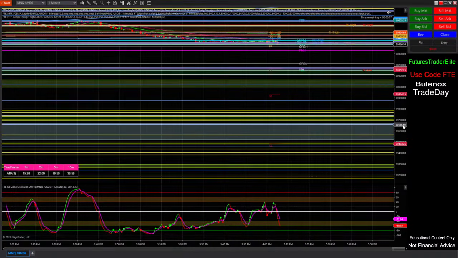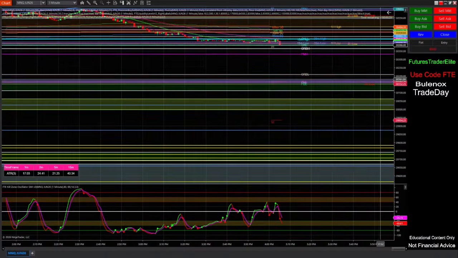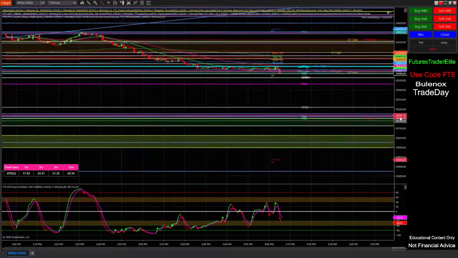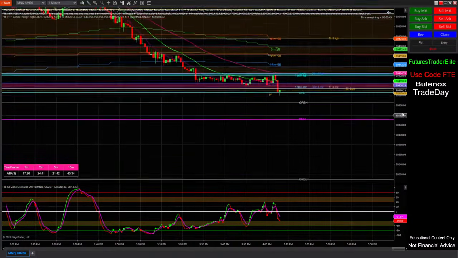Because we was trying to tackle 30K. Once we tackled 30, it looked like we was going to tackle 31. But now, with what they've been doing, they act like they might want to come on down.